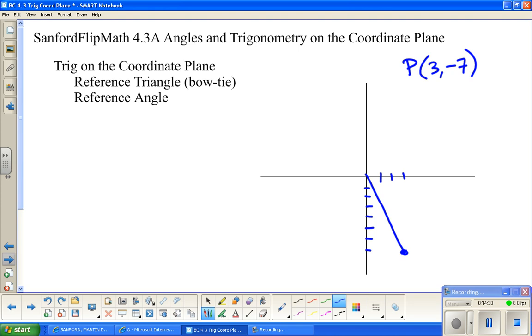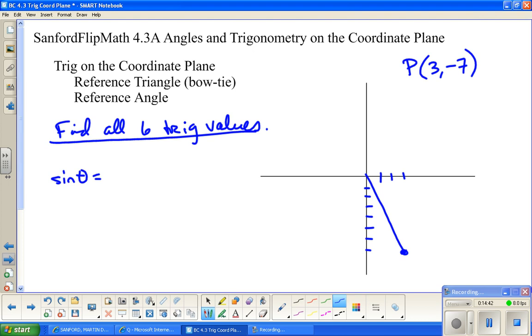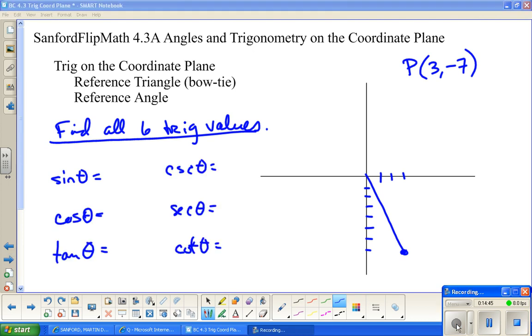What we're going to do is find all 6 trig values for this. In other words, I want the sine of theta, cosine theta, and the rest.